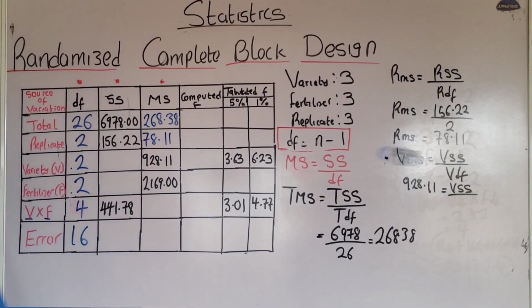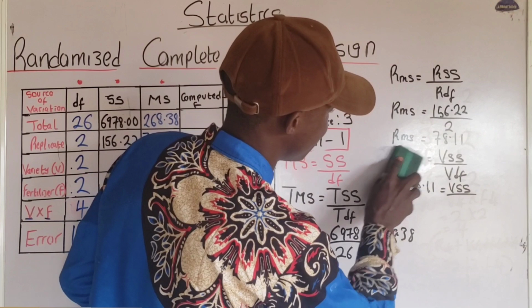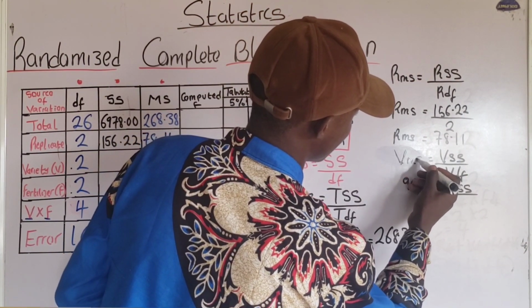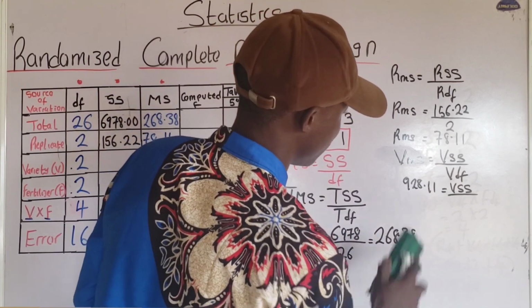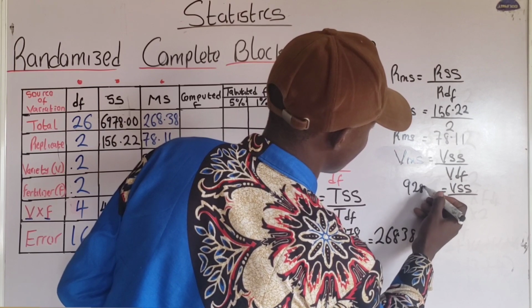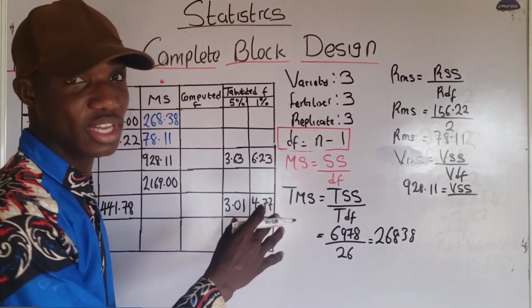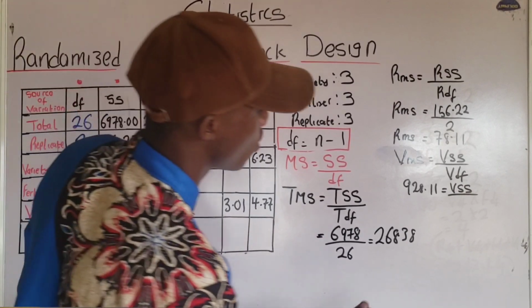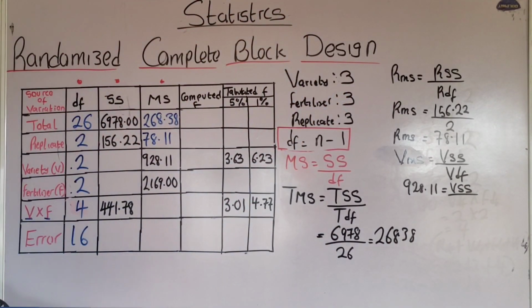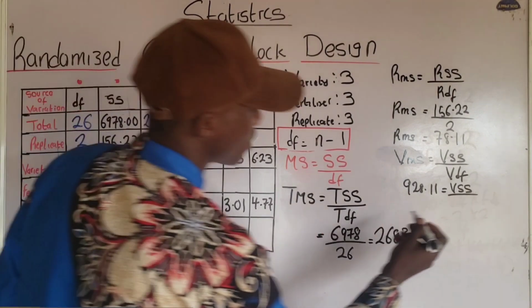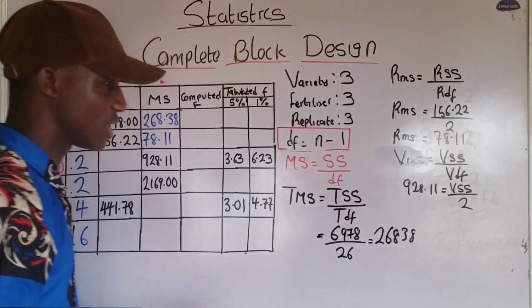So we put 928.11 equals variety sum of squared all over the variety degree of freedom. Can you see it clearly? We don't know the variety sum of squared, so that is the parameter we want to calculate, and we know the variety degree of freedom is 2.